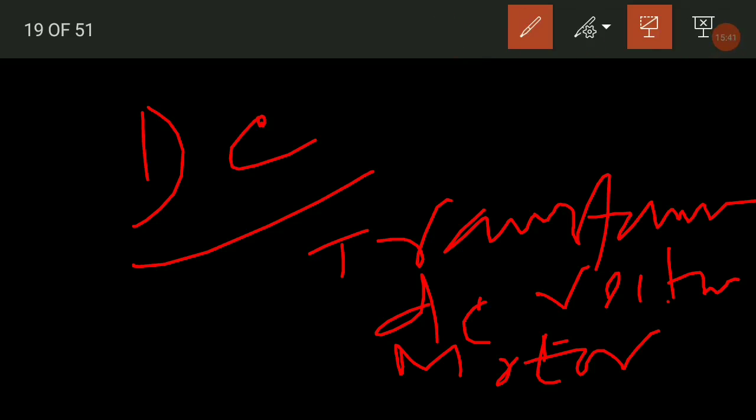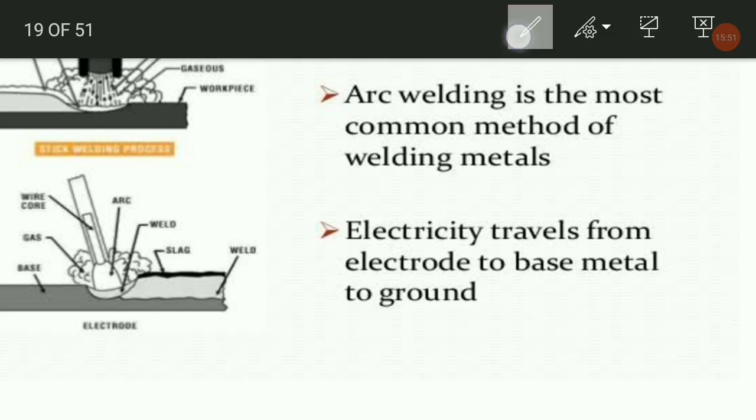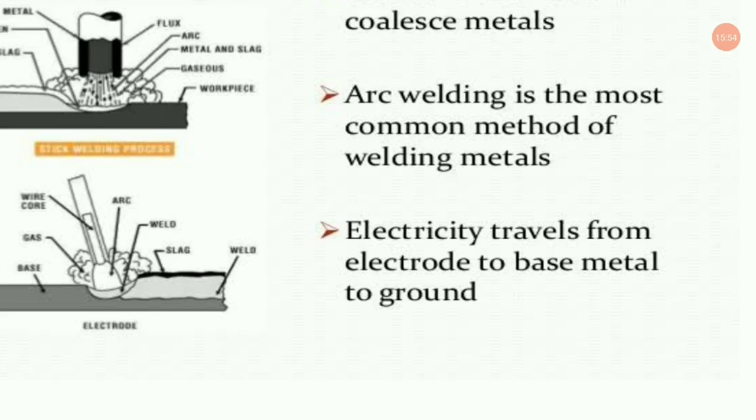In the rectifier type, the power supply is first stepped down by means of a transformer to the required voltage and then silicon controlled rectifiers are used to convert AC to DC. So rectifiers are being used for conversion of AC to DC. You have to keep in mind the function of the rectifier is very important. The rectifiers are very compact, highly reliable and have high efficiency. The other type is a DC generator which is driven by either an induction motor running on AC or an oil engine. This combination is less efficient, more expensive and noisy in operation.